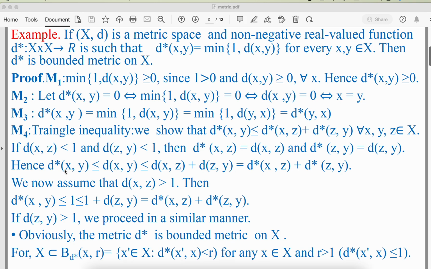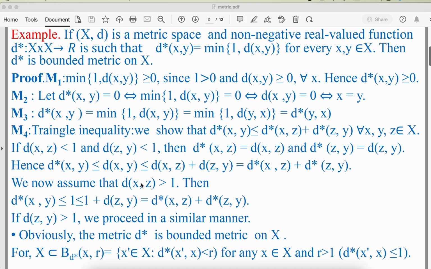So now d star(x, y) is less than or equal to d(x, y), and by triangle inequality, because d is a metric, this is less than or equal to d(x, z) plus d(z, y), but d(x, z) is nothing but d star(x, z) and d(z, y) is nothing but d star(z, y). It means d star(x, y) is less than or equal to d star(x, z) plus d star(z, y). This was the case when d(x, z) is less than 1 and d(z, y) is less than 1.